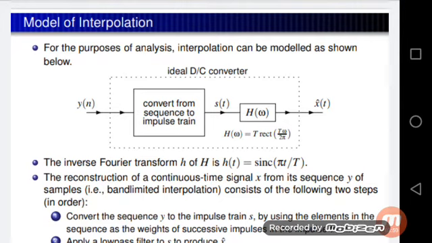That is the main objective of interpolation. In the diagram below we are seeing some dotted lines. That is a conversion section device. By using it, the signals are converted from D to C, discrete to continuous signals.